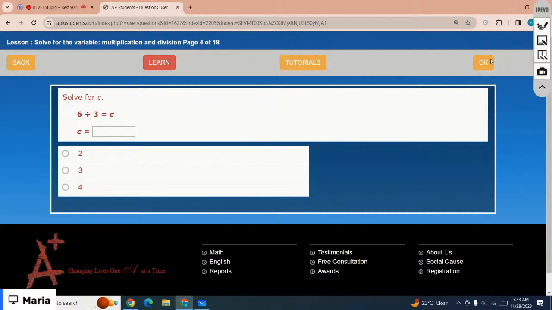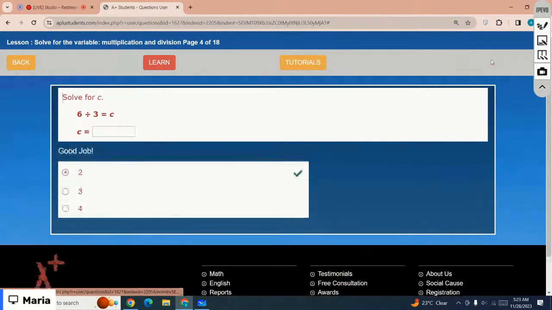When you divide 6 by 3, the answer is 2. 3 times 2 is 6. The correct option is 2. You simply have to divide, right? The correct option is 2.